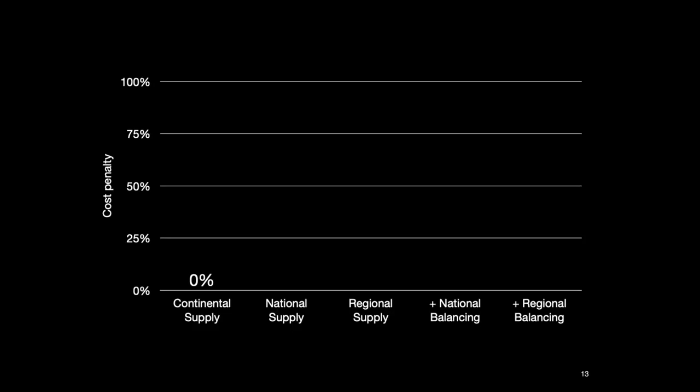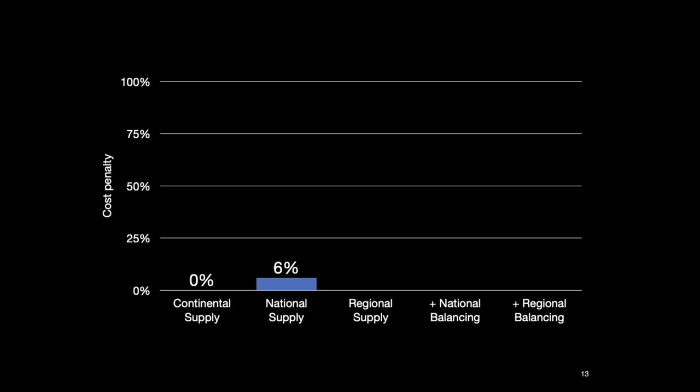The first result tells you that the lowest cost option is a continental supply where supply infrastructure can be located anywhere in Europe. So it can use the best locations with best wind speeds, best solar irradiation, and that leads to lowest cost. And that's actually not a surprising result. That's kind of what you expect.